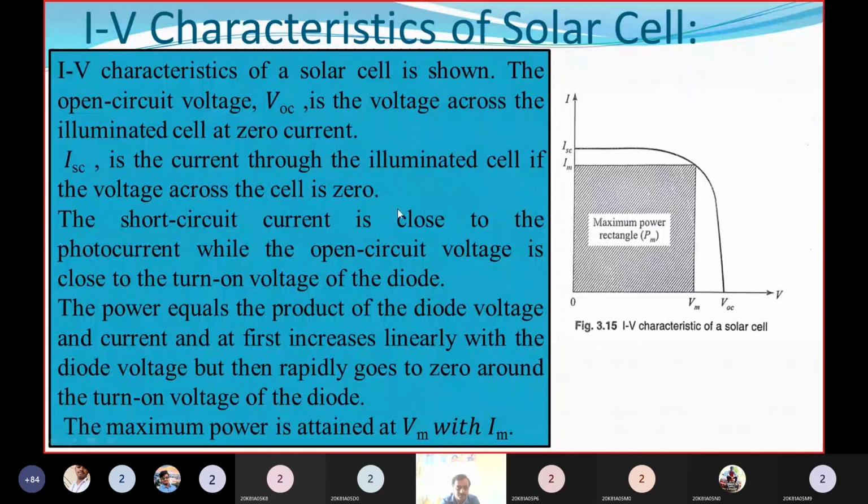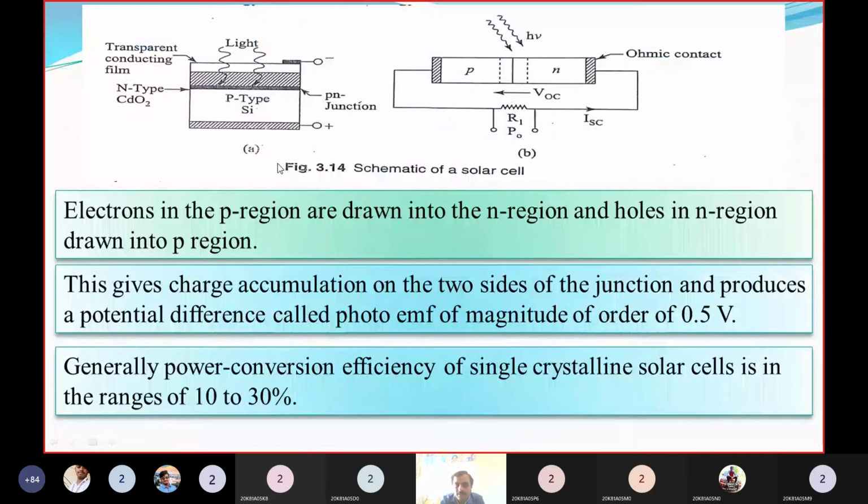Now first of all we will discuss how to take VOC and ISC. For that I am explaining here. To get the output voltage we require some load resistance.